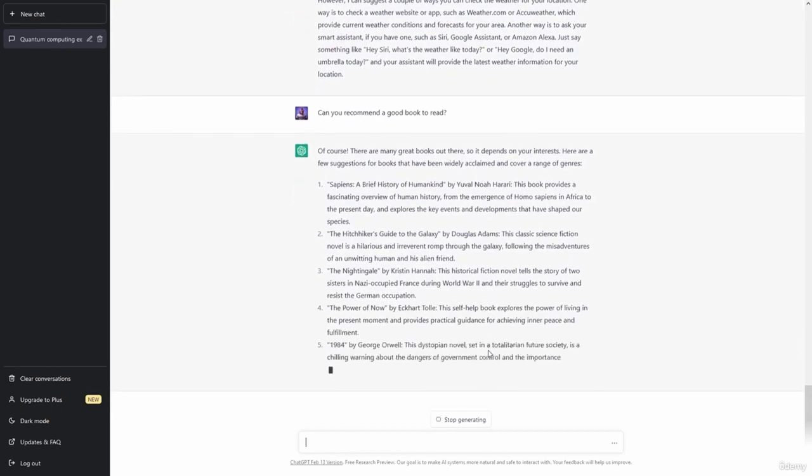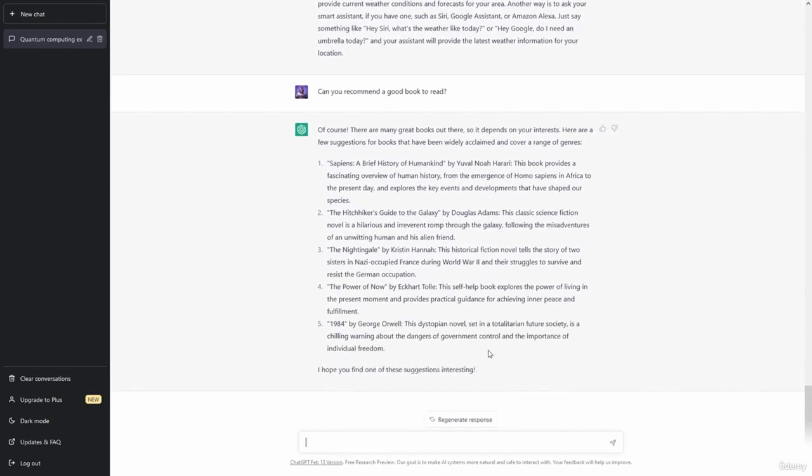And now it's giving us a list of different books that cover a range of genres. So again, while this information is limited to information up until 2021, you're still able to get a large amount of information from ChatGPT that you might find helpful. So keep that in mind.